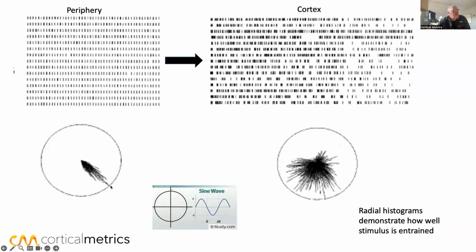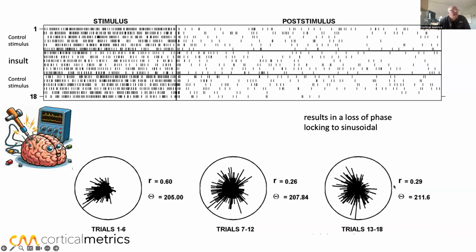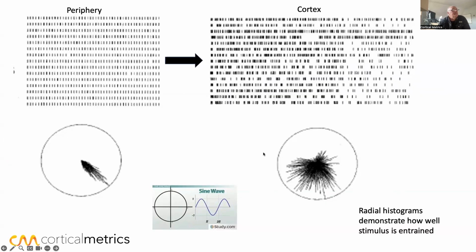Now in the periphery, it's very regular, so all these things are lining up in about the same place. In the cortex, in this particular case, it's a little fuzzier, but it's still contained within one quadrant. You can see the difference between the periphery and cortex, but this is just a mathematical representation of the difference between the two patterns.